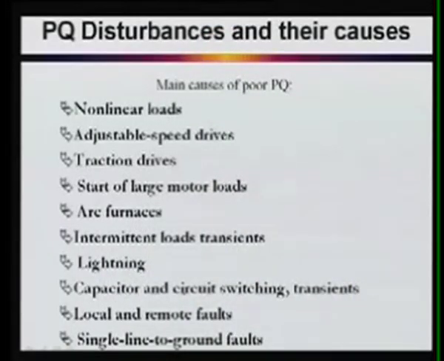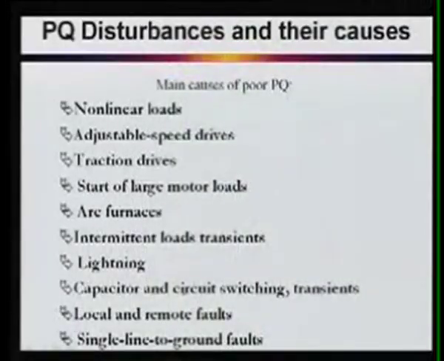Another is the adjustable speed drive. Nowadays, we are using power electronics controlled AC drives, and we call them adjustable speed drives. They create a lot of problems in terms of harmonics generation. They generate harmonics, and we use some filters to filter out these harmonics, but still they are not enough. Then the traction drive.